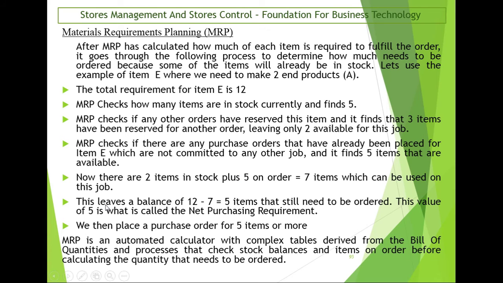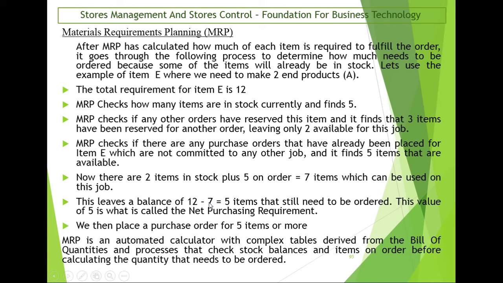So we now want to determine how many items we need to order from scratch. So this now leaves us with a balance of the original 12 items. We subtract the 2 and the 5, which makes it 7.